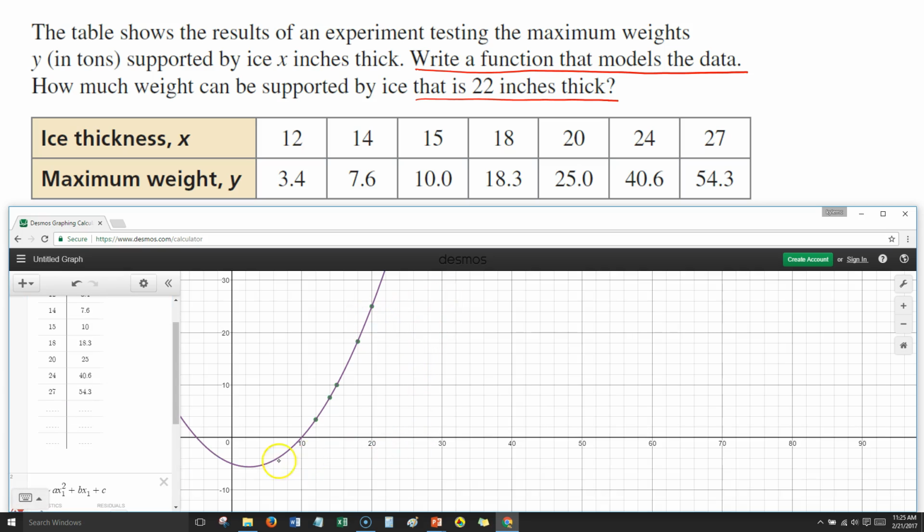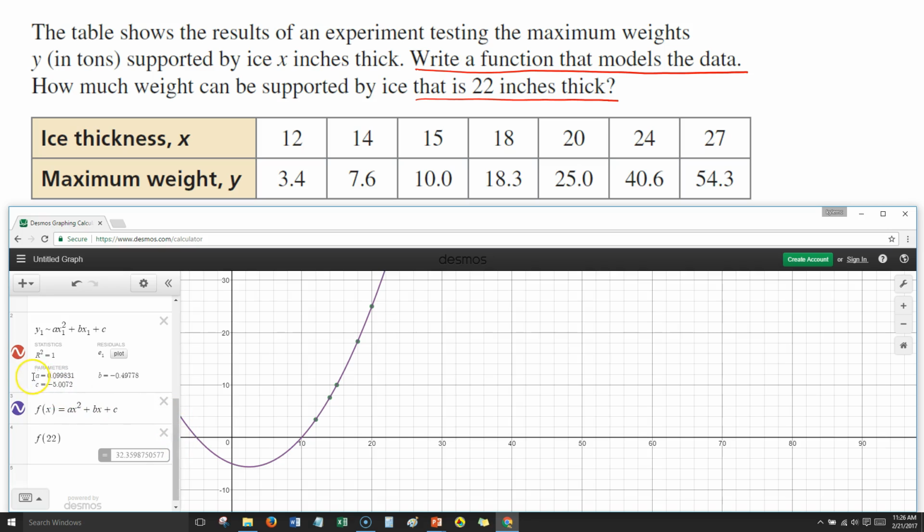So let's have a little looky-loo at our graph. Seems to be going like this. And let's look at our function. Hey, look, r squared equals 1. That means that our parabola goes exactly through every one of these data points. So this is a really good approximation.